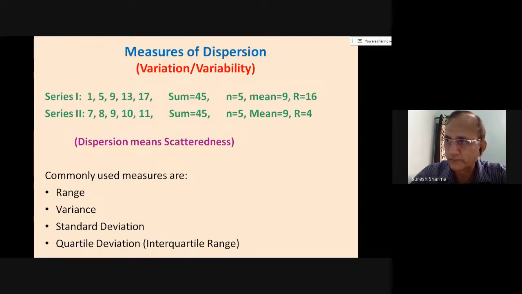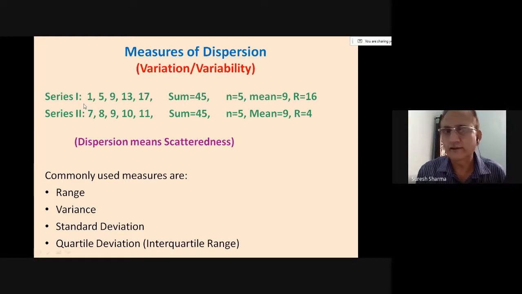Hopefully you cannot. It could be series 1 data, it could be series 2 data, because both the series are having mean as 9. But series are different, observations are different. That means mean cannot describe your data completely. There is something missing. And what is missing is called dispersion or variation.